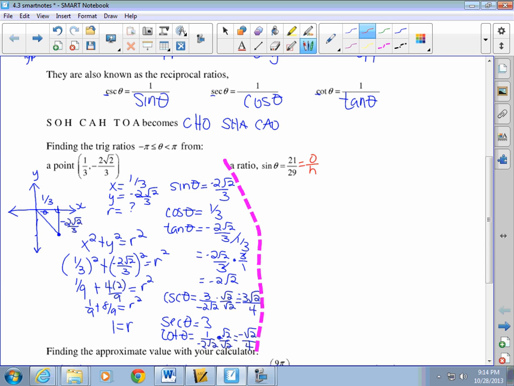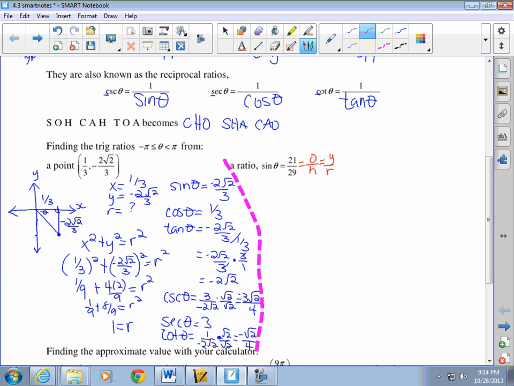When we're dealing with theta, and we're going to talk about this one a little bit more, our opposite side is always our x, or sorry, not our x, our y value. The hypotenuse is always the r value.